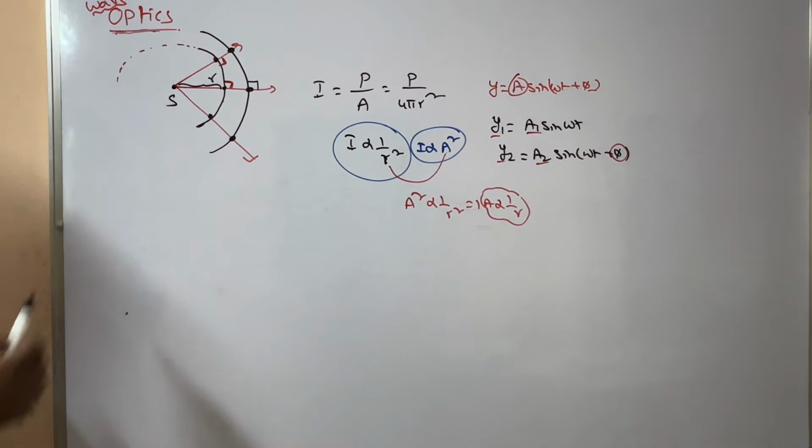Now A1 sin omega t plus, you can expand, A2 sin omega t cos phi plus A2 cos omega t sin phi.